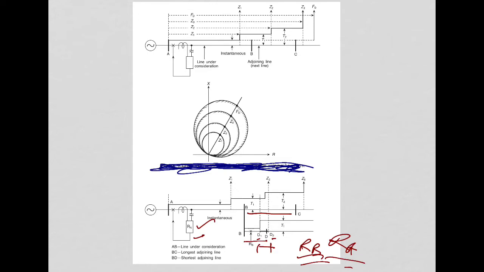So the second step of distance relay is set to reach up to 50% of the shortest line. So that thing we have to take into consideration.